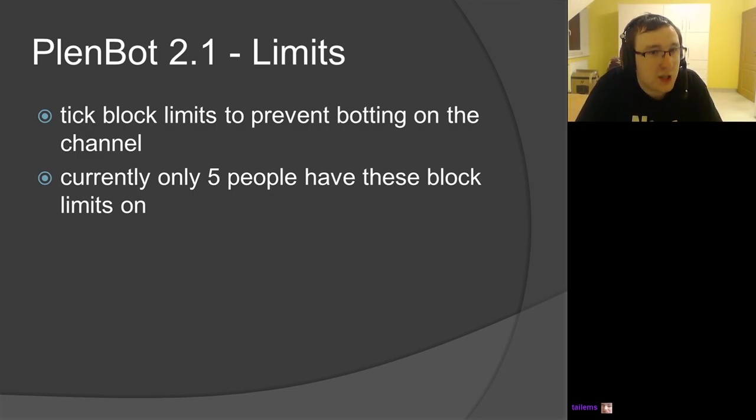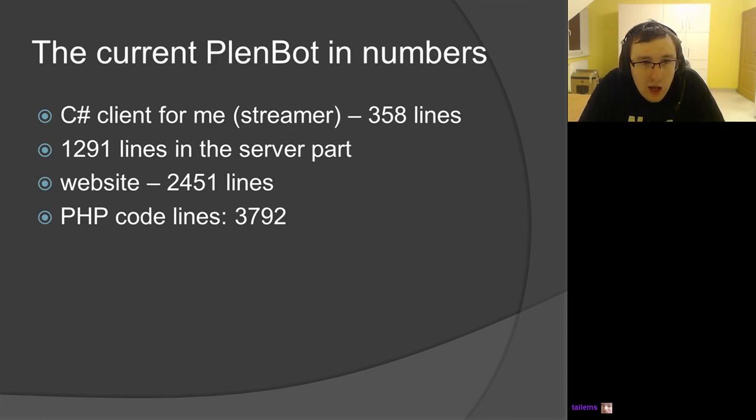So that was nice. I was happy that that works. That was the introduction to the limits, and we're getting to the end already. So let's say a few things about the plan bot in numbers. It's not a big bot, as you can see. It only has slightly less than 380 lines.